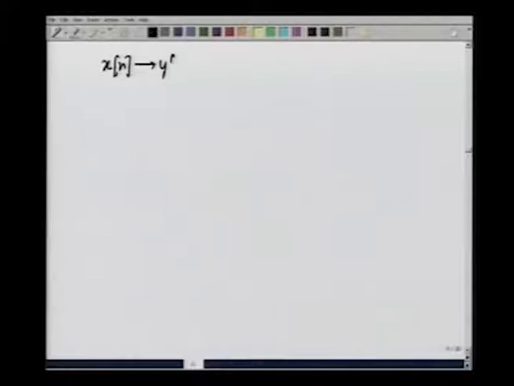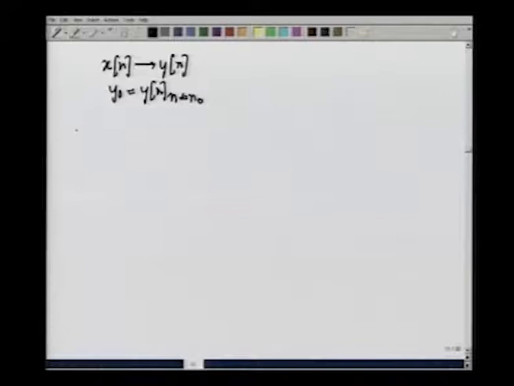In short, if the system yields for input x n the output y n, and the auxiliary condition was y naught, which was essentially y of n at n equal to n naught, which would be the case for a first order system which requires only one auxiliary condition.